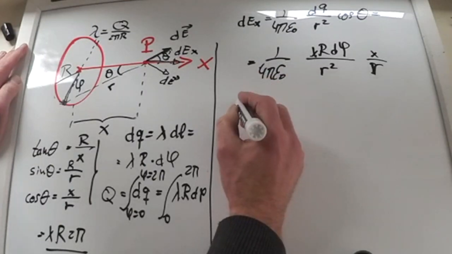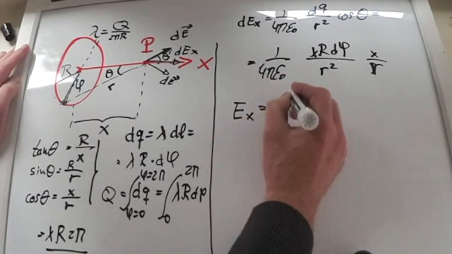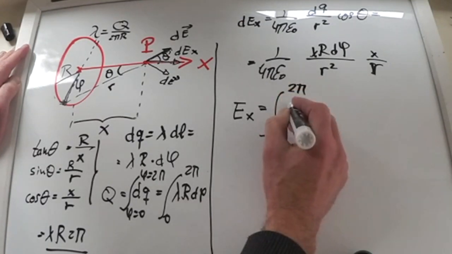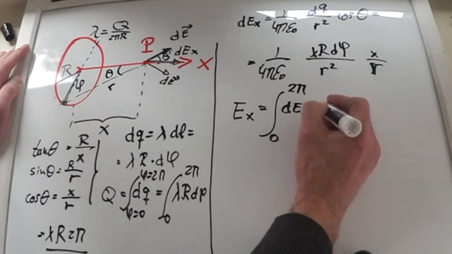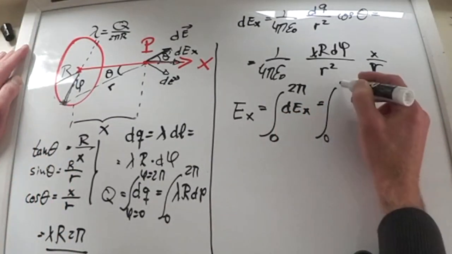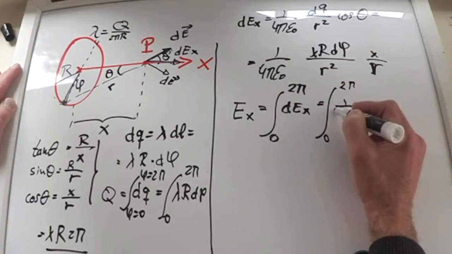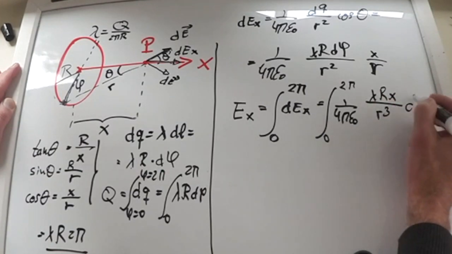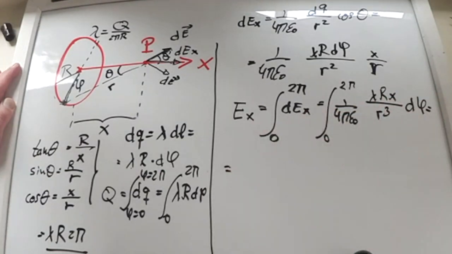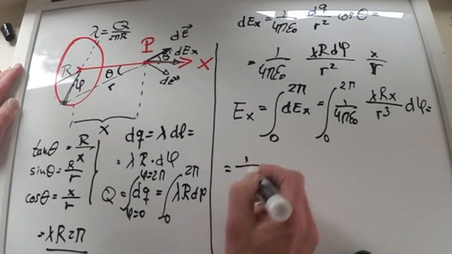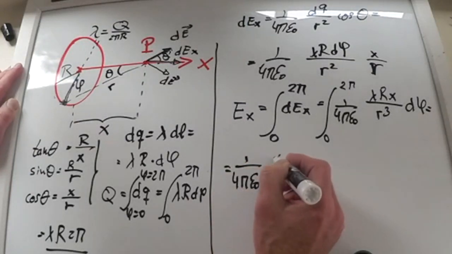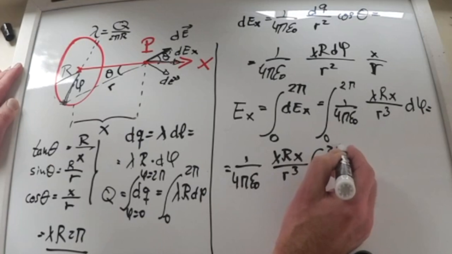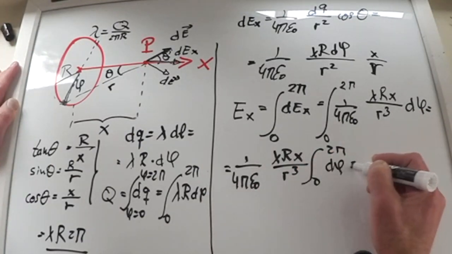Now, if I want to calculate the total electric field on the x-axis, that is the integral from phi equals 0 to phi equals 2 pi of this differential of E_x. Now, this is the integral from 0 to 2 pi of 1 over 4 pi epsilon naught lambda R x over r to the power of 3 d phi, where I take all the constants out of the integral: 1 over 4 pi epsilon naught lambda R x over r cubed times the integral from 0 to 2 pi of d phi, which is just 2 pi.